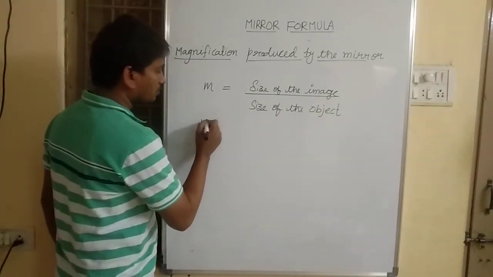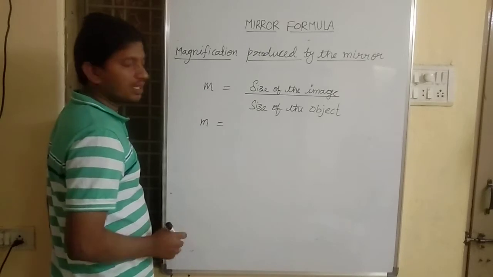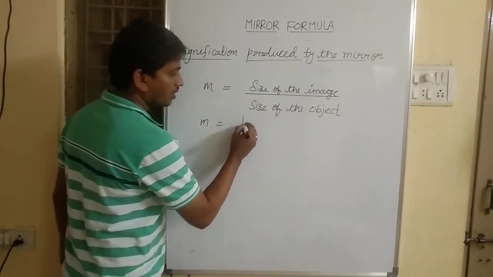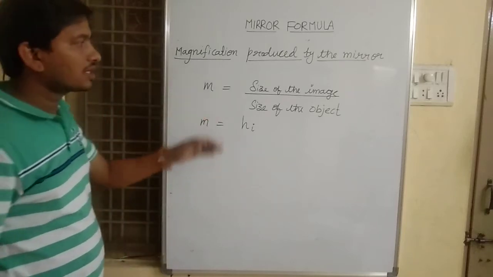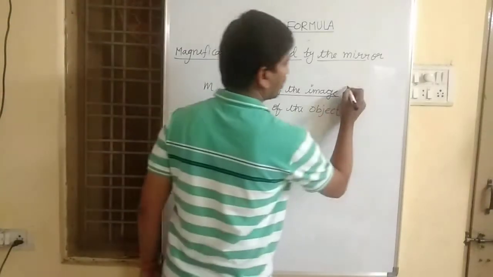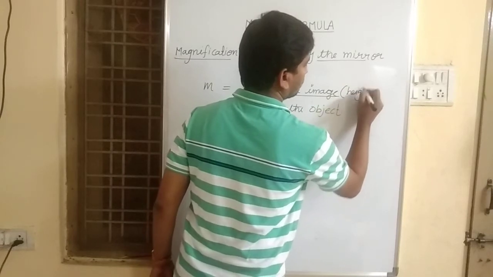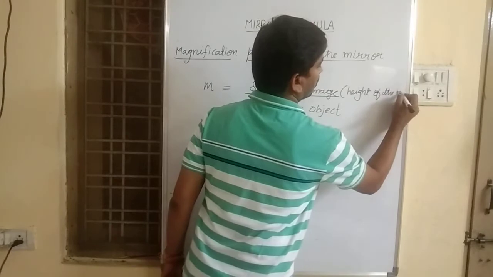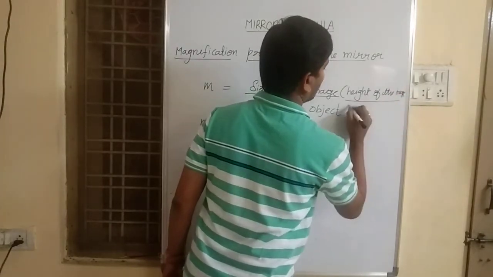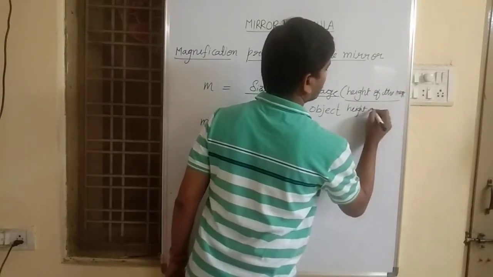So M equal to size of the image. Let me represent it as Hi. We can also call it the height of the image, to the height of the object.